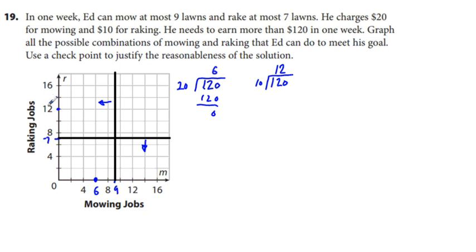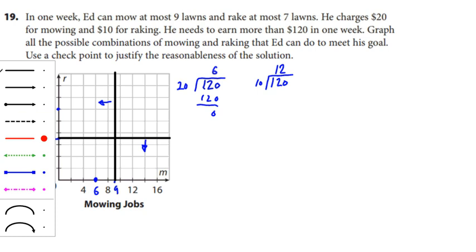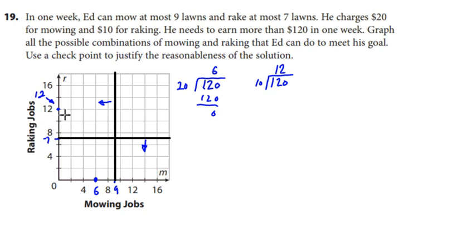So there's 12 right there. And what we're going to do is connect these two intercepts. And we have to have at least, so we're going to go to the right of that. Let's go get our line again, tools, lines. This time we have to have greater than, so I'm going to use the dashed line in this case.